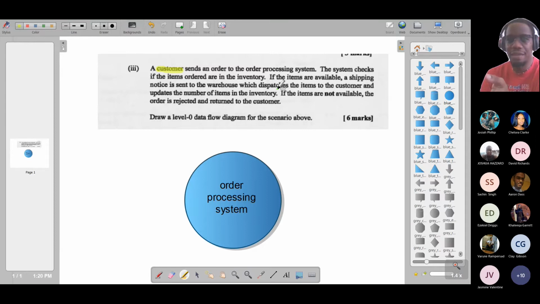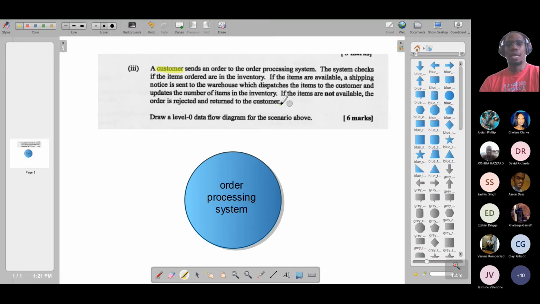So basically, we have some things happening if the order is accepted and it goes to the customer. We have something happening if the order is rejected, and it can't be shipped to the customer. So if the items are available, we have the shipping notice sent to the warehouse, and the warehouse dispatches the items to the customer.